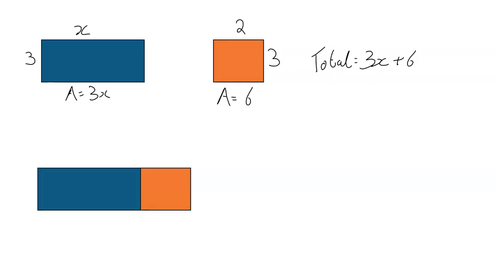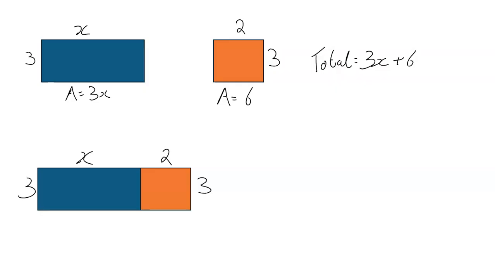Let's imagine then we'll take the same problem and we'll approach it by combining the two rectangles first to begin with. Now the dimensions are going to stay the same. The orange one's still going to have a dimension of 2 by 3, and the blue one is still going to be a dimension of x and 3 as well.